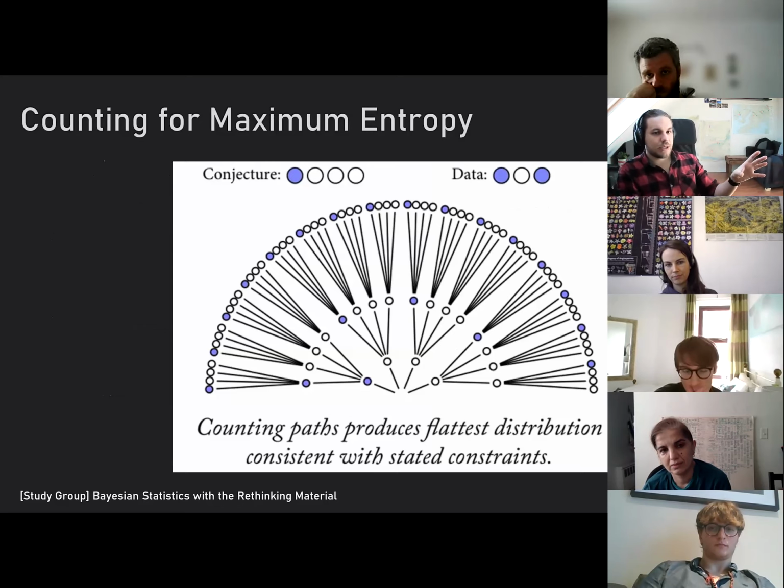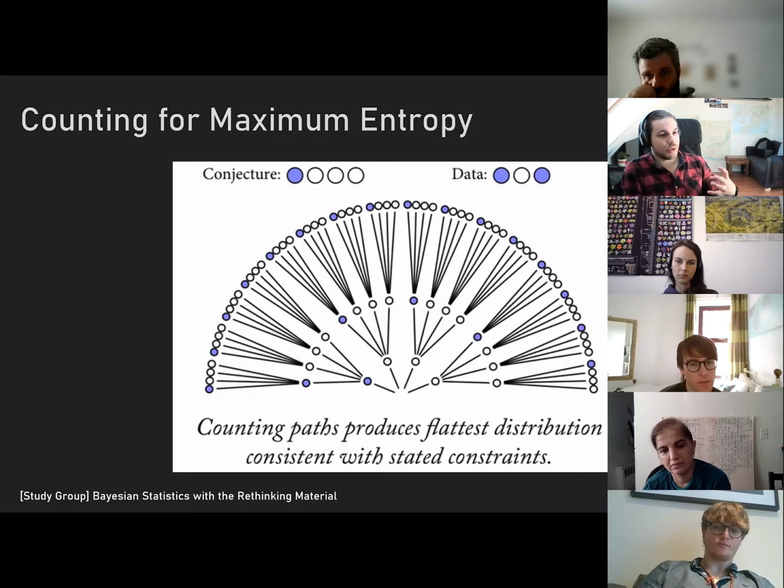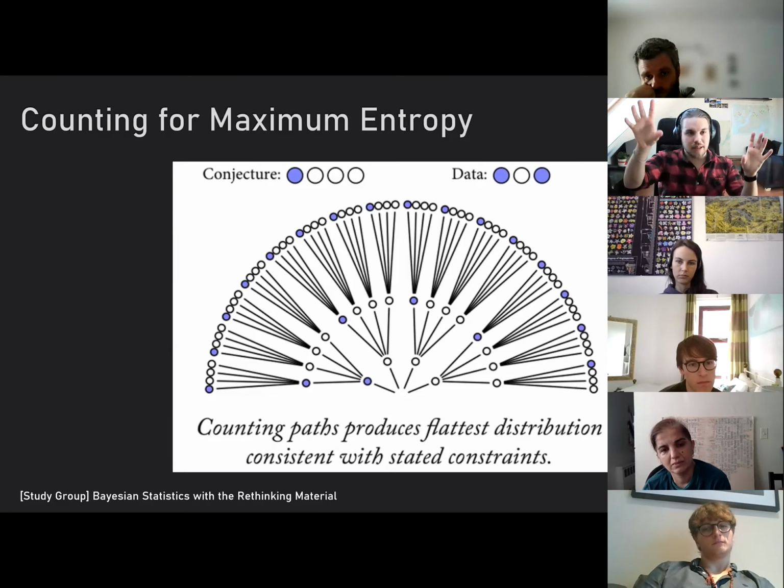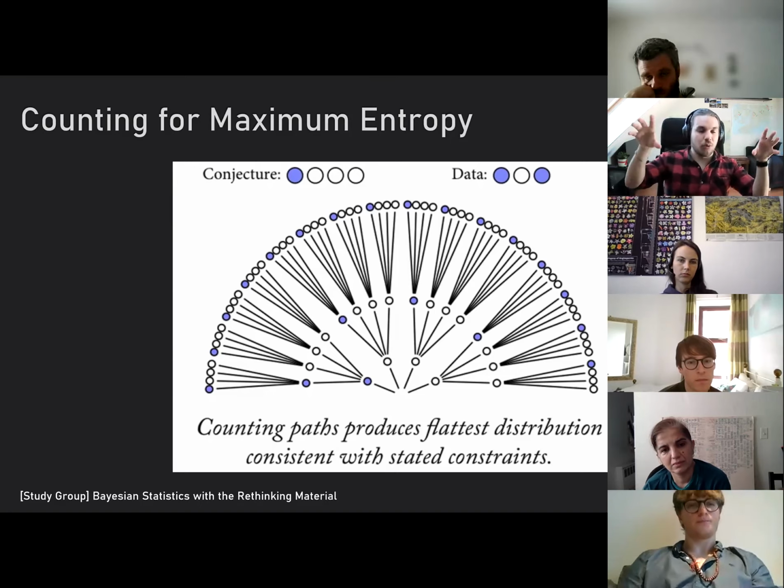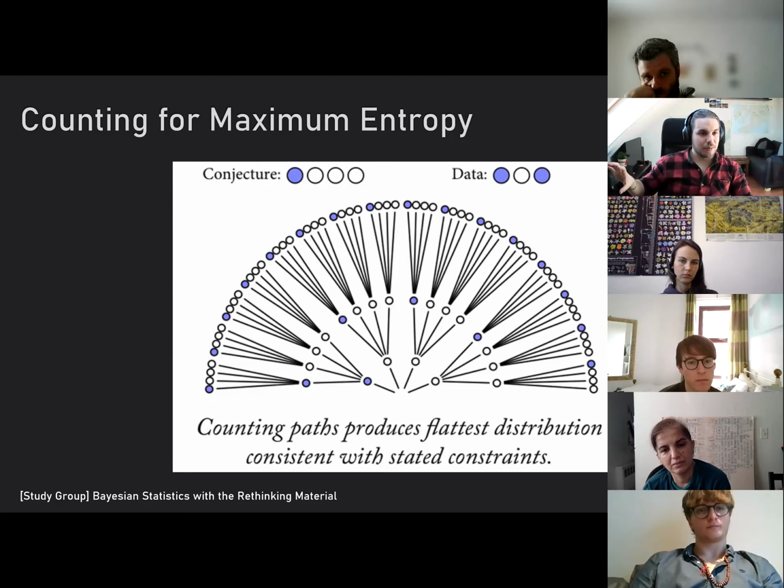Just flipping us back to the counting example from, I think it was the second seminar. When we count the paths that lead to a certain outcome, then we actually do produce the flattest distribution that is lying within the constraints that we have stated prior. So by drawing this garden of forking data, as McElreath calls it, by simply following each path which gives us the desired outcome, we can identify the path combinations that give us the most.